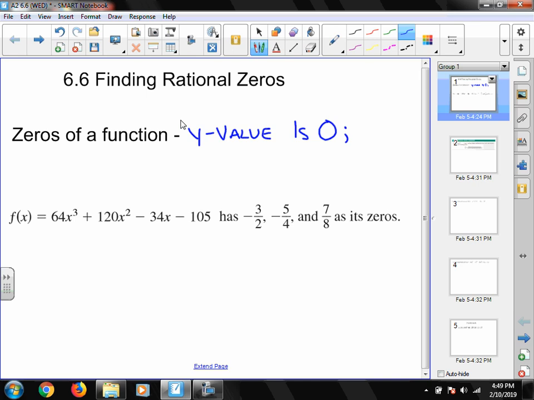And if you are looking at a graph, this is where your graph crosses your x-axis. And if you are asking yourself, where have I heard about something crossing the x-axis? Yes, you have heard that before. We call that the x-intercept.